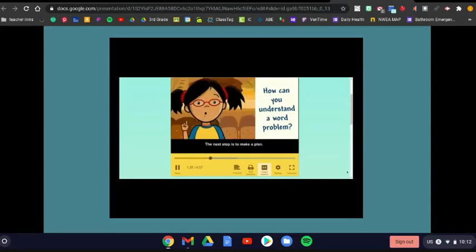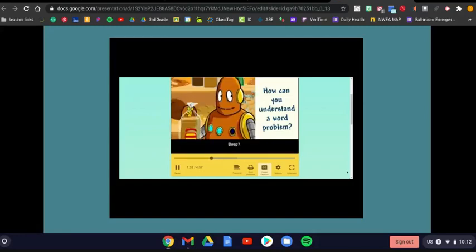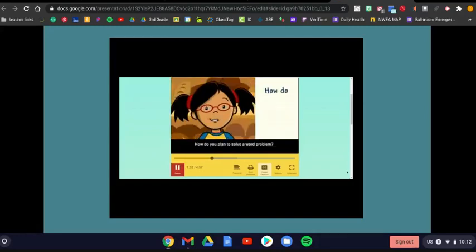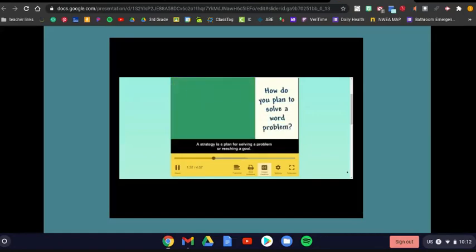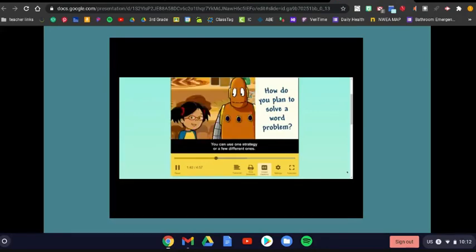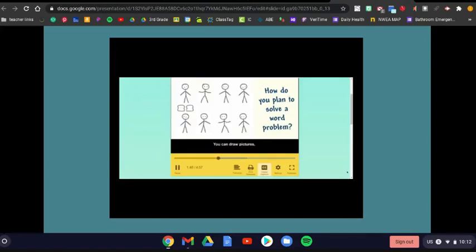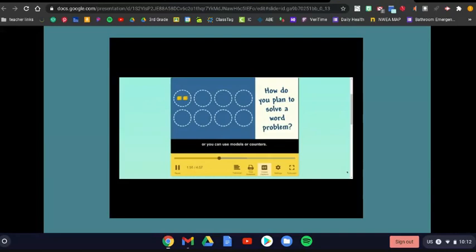The next step is to make a plan. How do you plan to solve a word problem? A strategy is a plan for solving a problem or reaching a goal. You can use one strategy or a few different ones. You can draw pictures, or you can use models or counters.